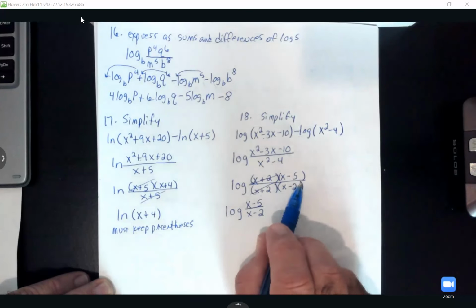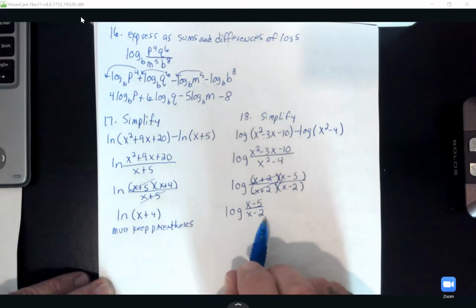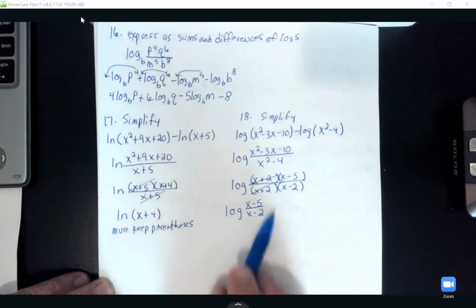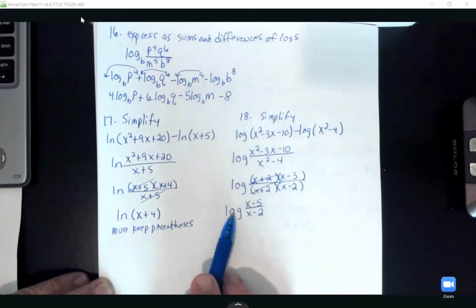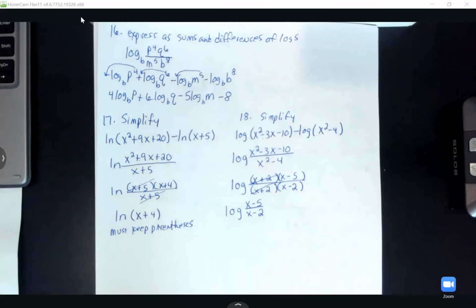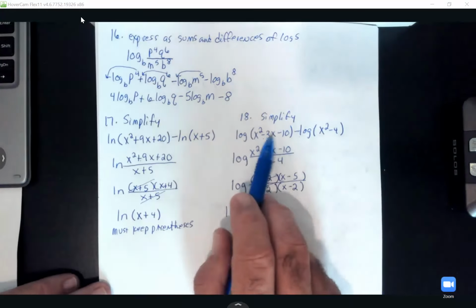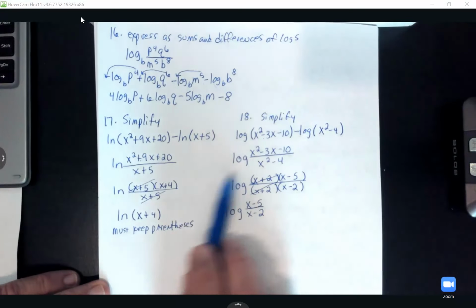Now, I don't think MathLab will mark it wrong if you keep the parentheses, but we do not need them on this answer because this whole fraction is being affected by that log, okay? All right, so remember 17 and 18 simplifying, just a lot of factoring on those ones.